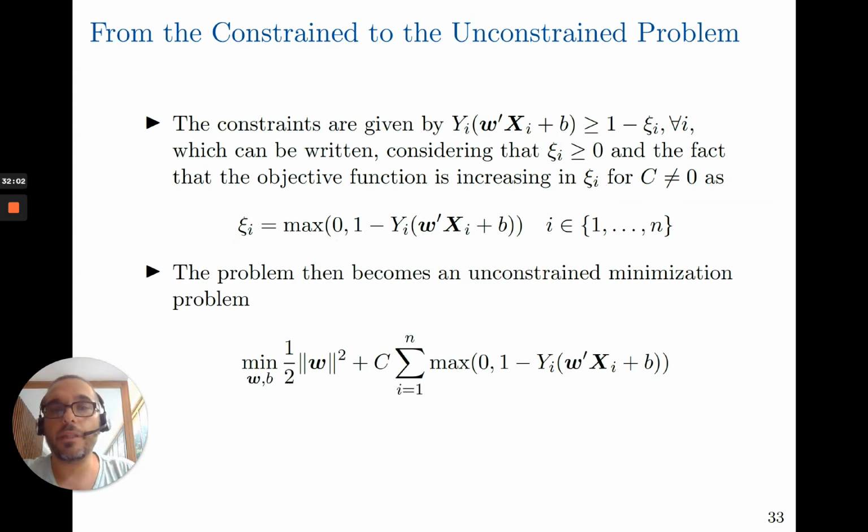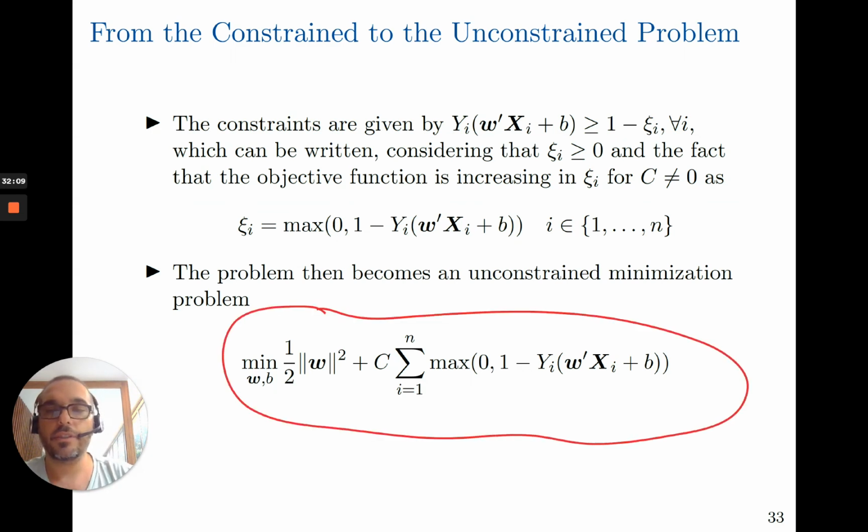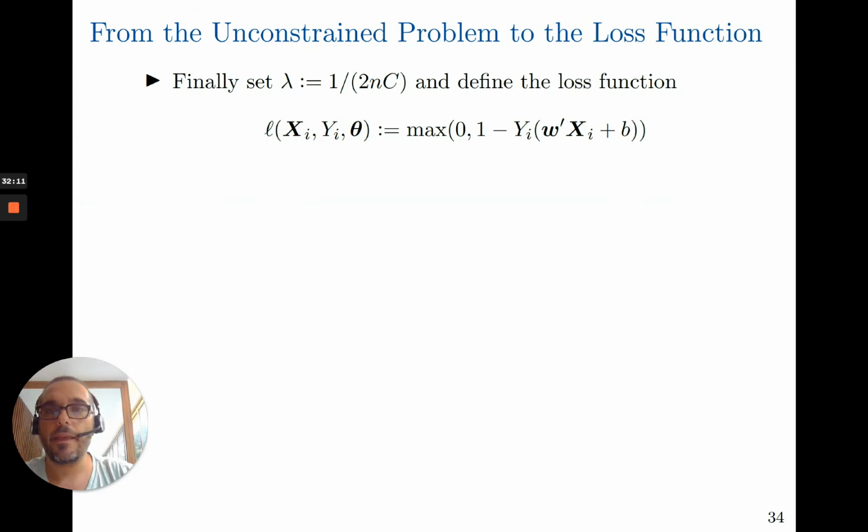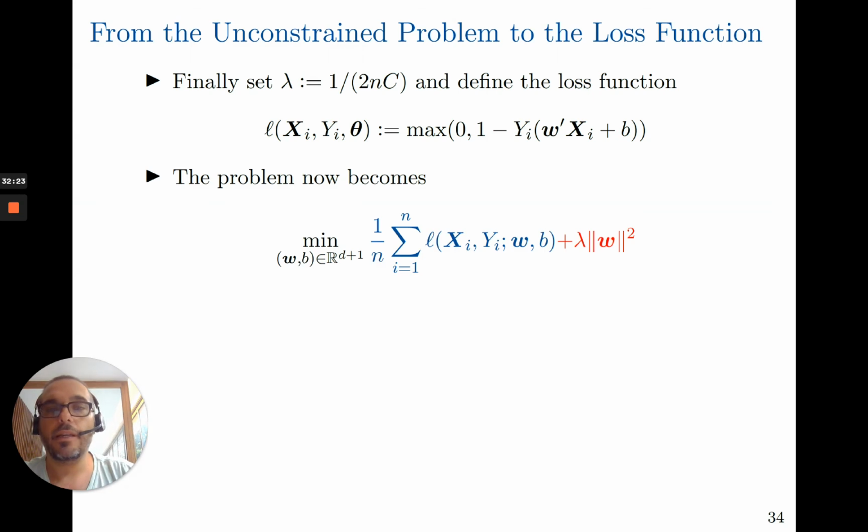The problem then becomes an unconstrained minimization problem, where we can solve for this expression here. Basically, if we set lambda equal to 1 over 2 times the number of observations times C, we can define this loss function here, and the problem looks like a ridge regression.